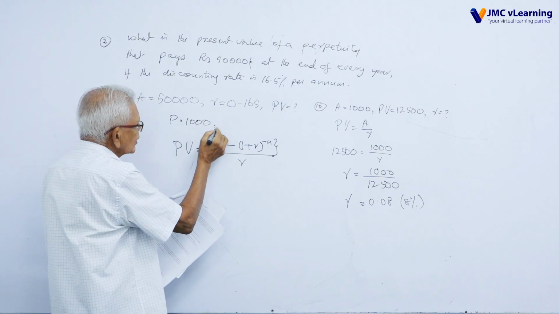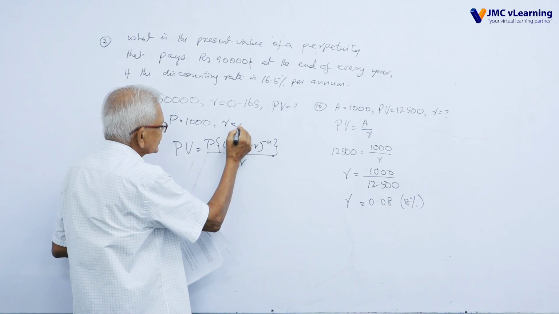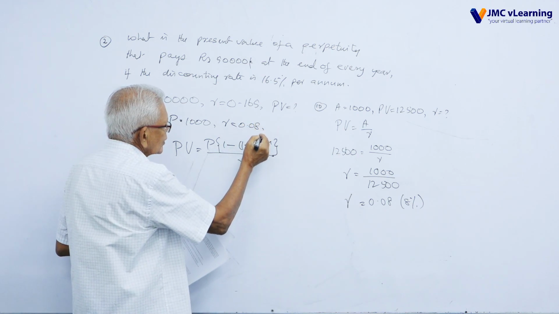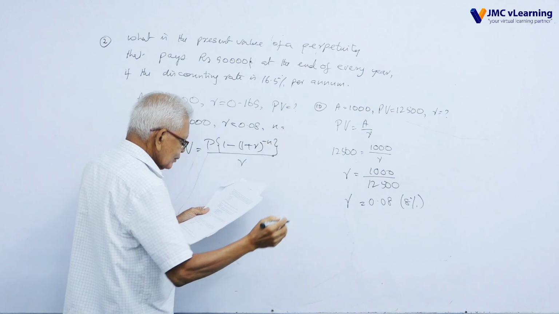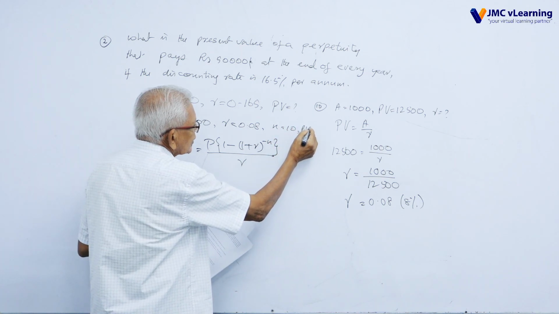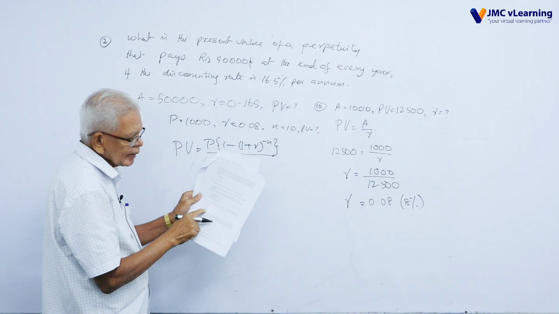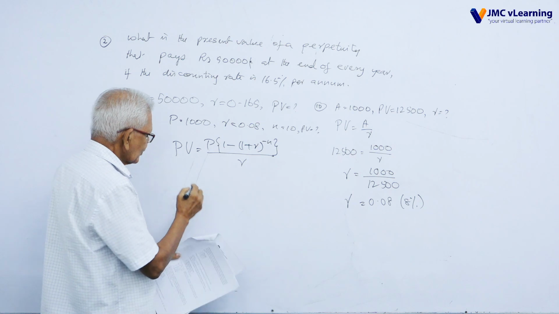R is 0.08, and N is 10 years. We'll check whether 6,710 is the correct answer.